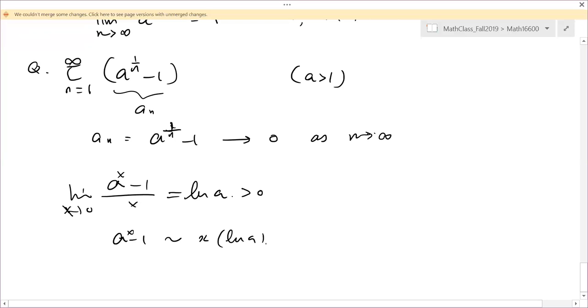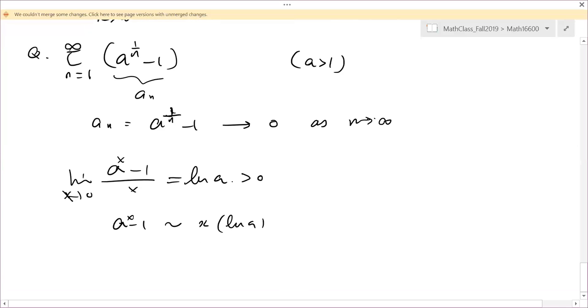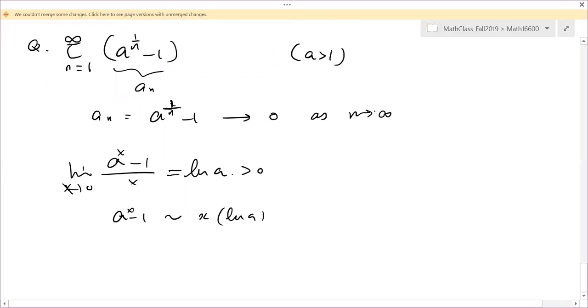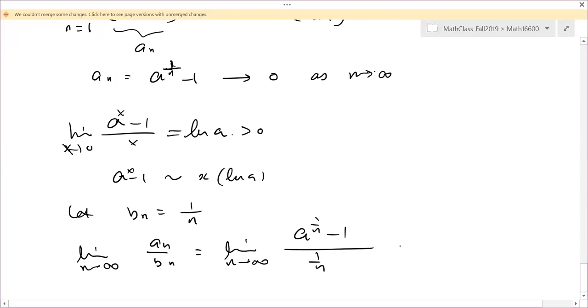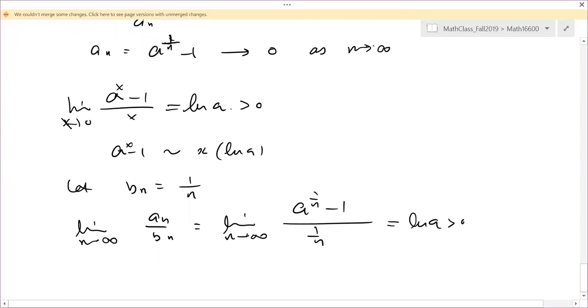So when x equals 1 over n, you know which series you want to compare with. You let Bn be 1 over n. Then the limit as n approaches infinity of (a to the 1 over n minus 1) over Bn is going to be natural log of a. So you do find a simple series which you can compare with.